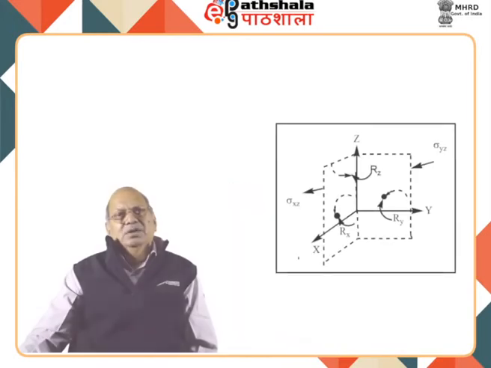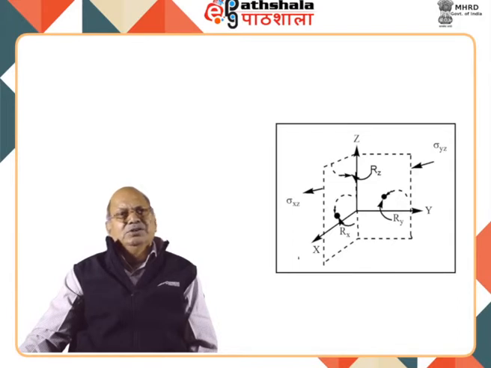Gaseous molecules are always tumbling, and these tumblings can be resolved into rotations about the x, y and z axes, which are needed in rotational spectroscopy. The symmetry of these rotations is very important in spectroscopic applications. These rotational vectors are shown here. Let us see the effect of the symmetry operations E, C2, sigma xz, sigma yz of the C2v point group on these rotational vectors.